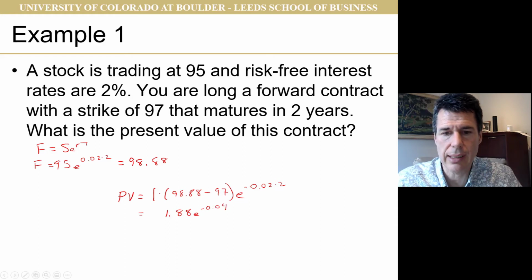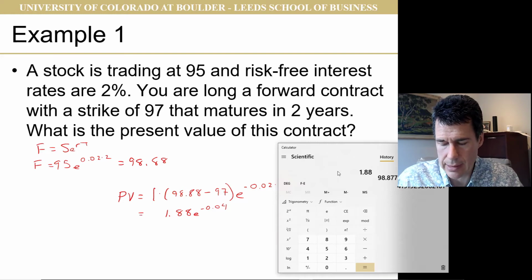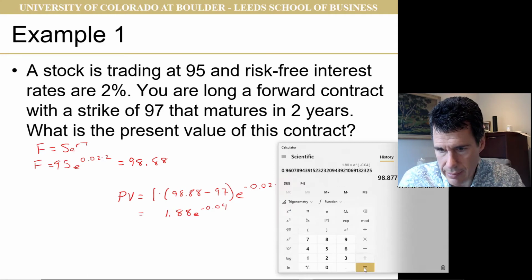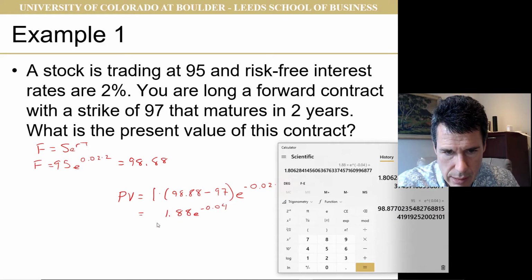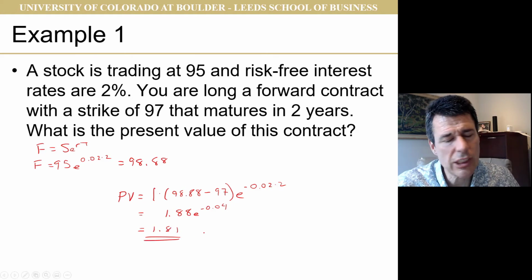Let's grab our calculator again. 1.88 times 0.04 plus minus, second, e to the x equals 1.81. So the present value is 1.81. So we're just using our formula.